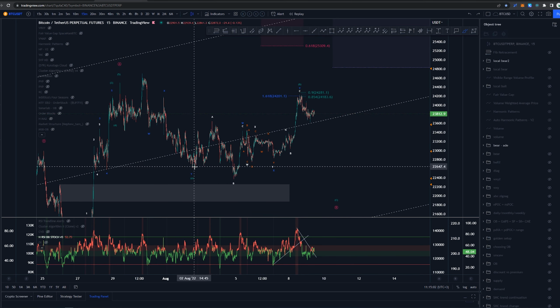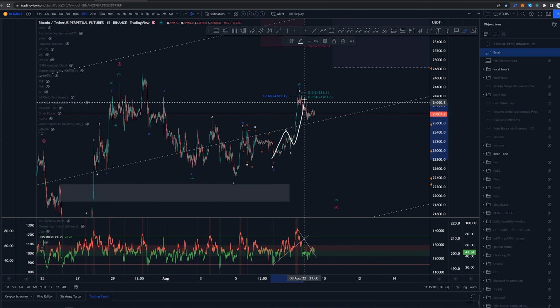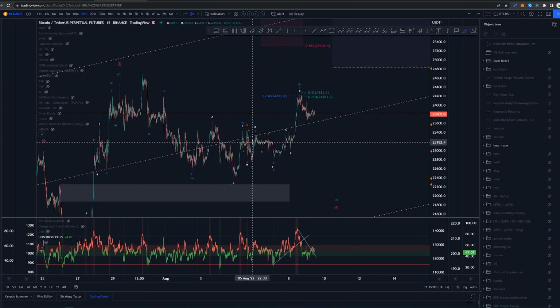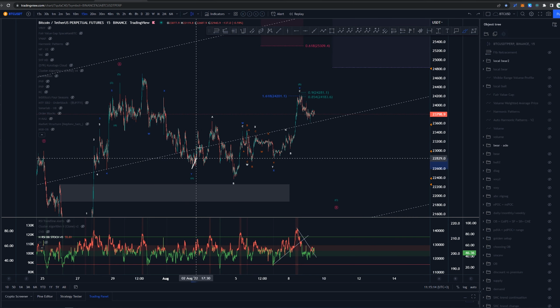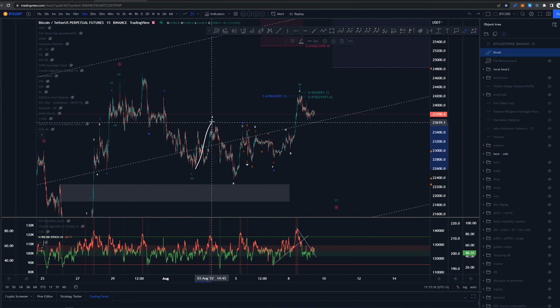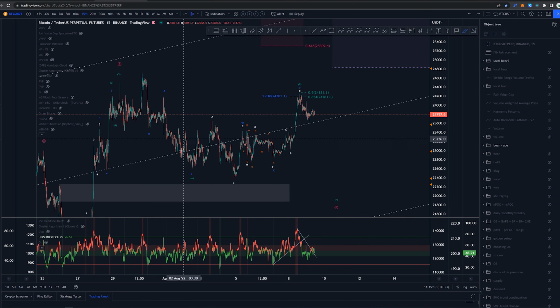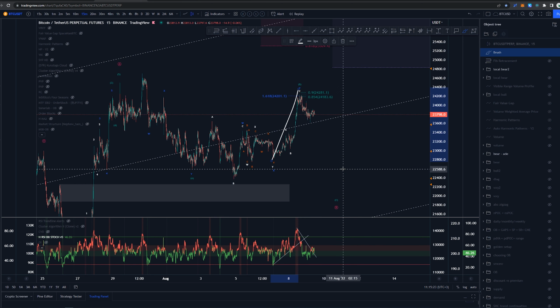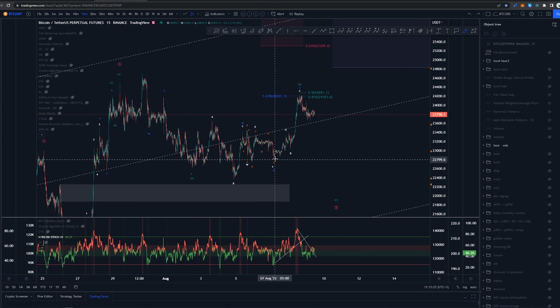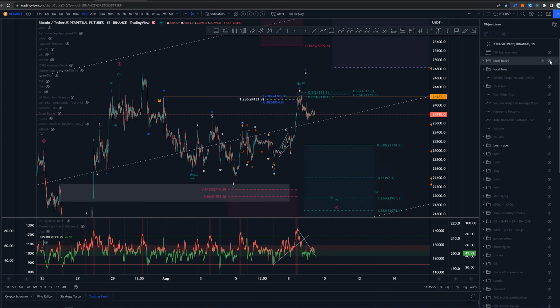In this one, we would use this as a three-way move, an ABC zigzag, and here again we would have an ABC three-way and 5, so 3, 3, 5, creating a running flat here for that W wave. Then wave X, and then wave Y. So a bit different look than we had in here.